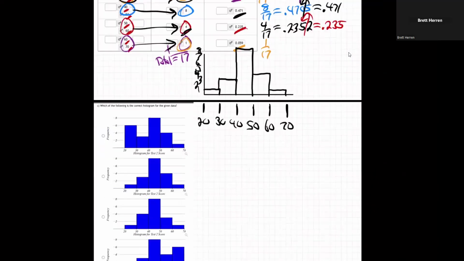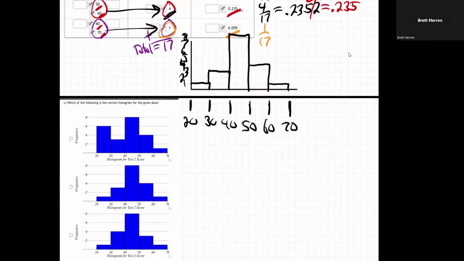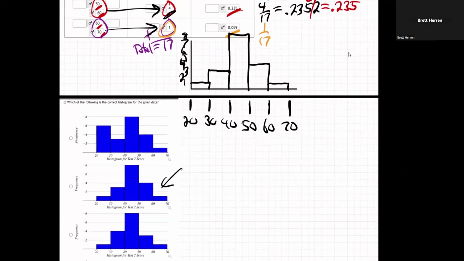Which one of those looks like that? I think it's this one. These look close. See how this one here is at 3, and this is supposed to be 3, and this one's at 4. Otherwise, they're really close. It's this one.